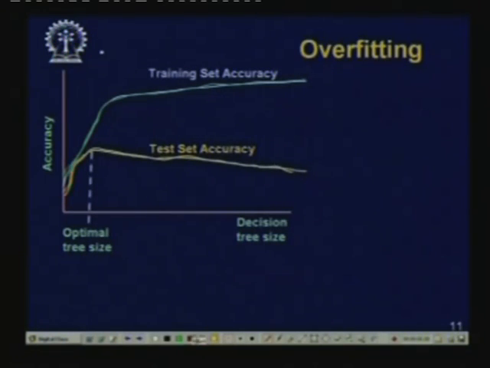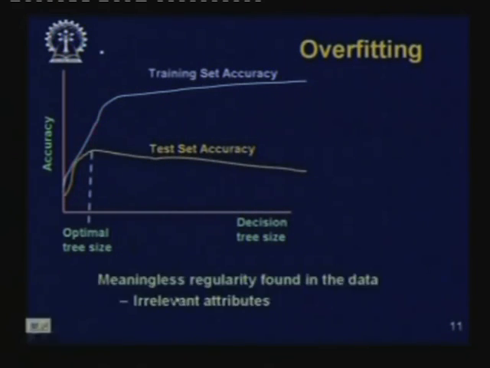And we notice that based on the test set, this is the point where the classifier has the highest accuracy on the test set. So, this is the optimal tree size. Now, why does such overfitting occur? Such overfitting can occur because there could be some regularity which is discovered in the data.